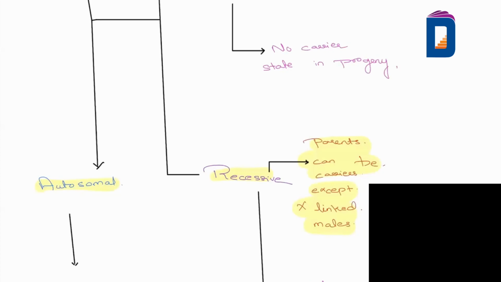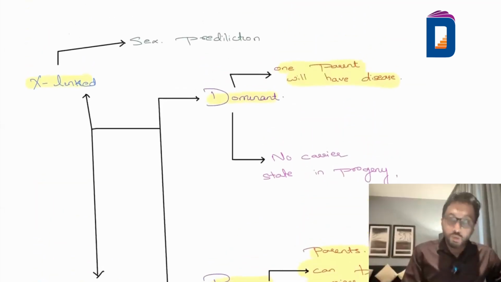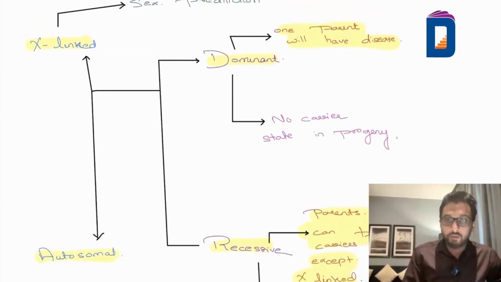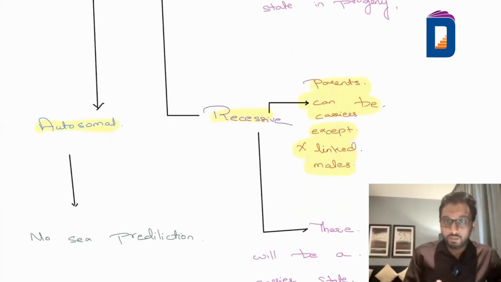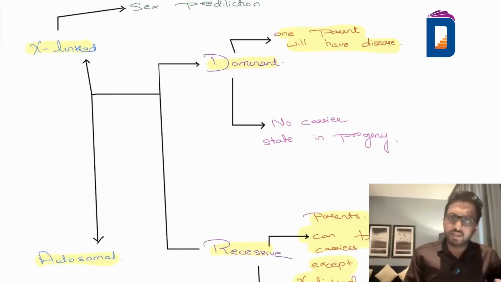Sir, can you repeat that recessive part once more? Yeah, what I mean here is, you understood this, that is autosomal dominant, one parent will be affected. Autosomal recessive, parents can only be carriers. When it comes to X-linked dominant, again the same applies, at least one parent will be affected.